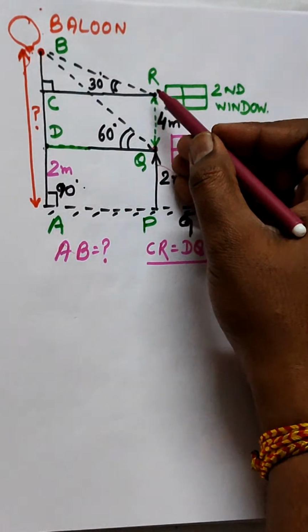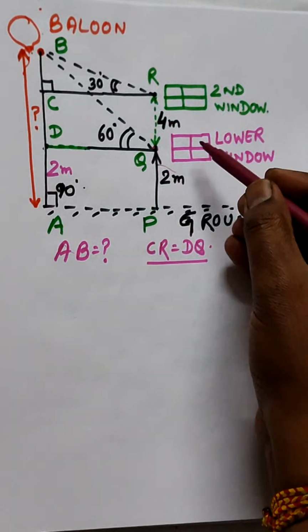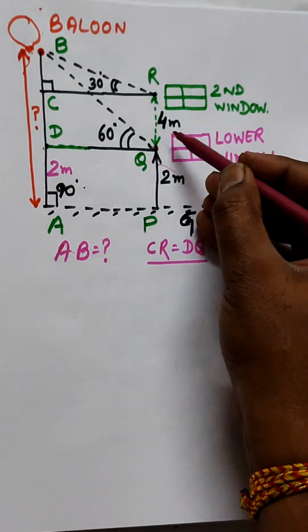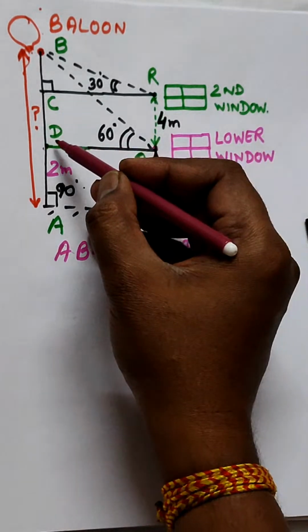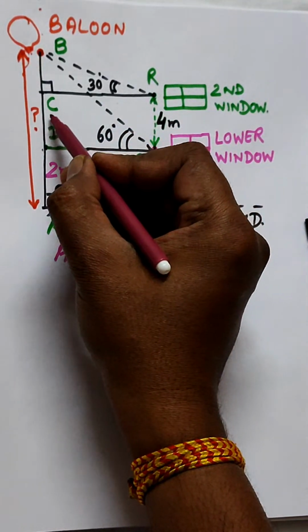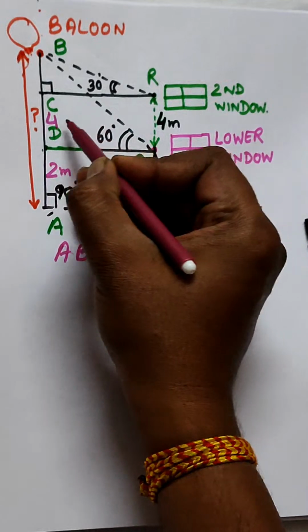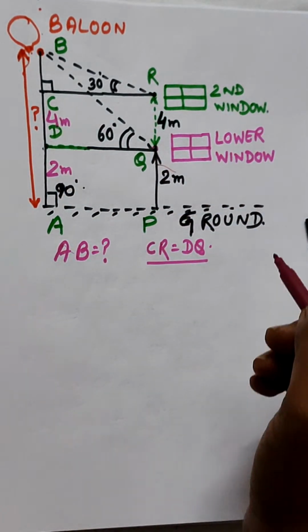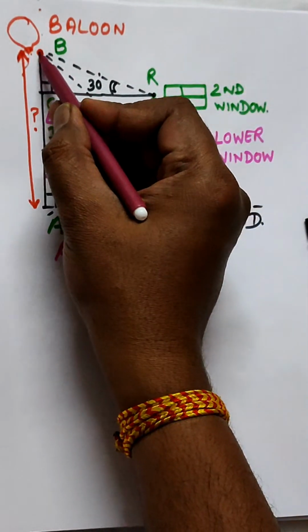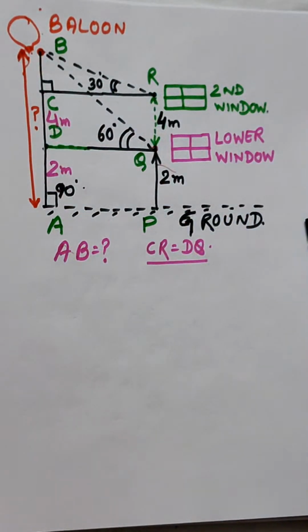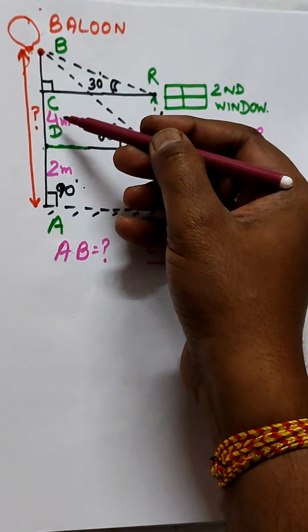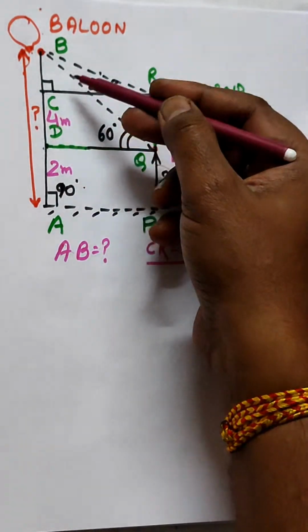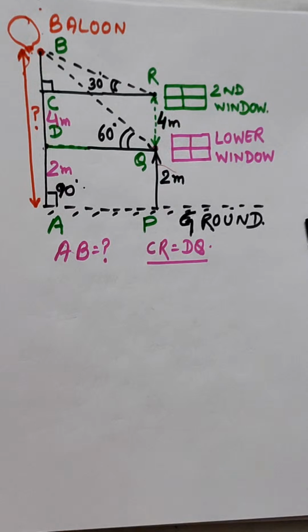Since Q to R is 4 meter, that is the distance between the two windows is 4 meter, then C to D will also be equal to 4 meter, isn't it? 4 meter and 2 meter, right? Now, if we calculate this distance, that means C to B, and add it with 4 and 2, you'll get the balloon height, right?